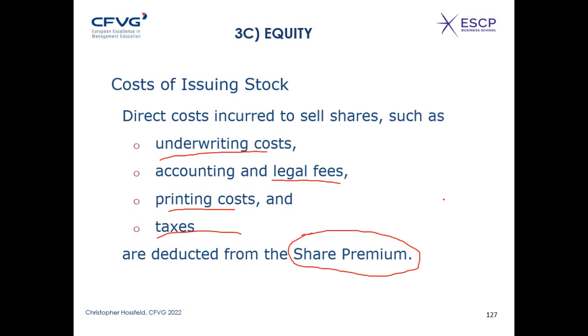That's the general rule: transactions on my own equity never impact my own income statement. In the same way, when I pay dividends on my equity, that is not an expense. It is money taken out immediately from my equity. Same thing here for the issuing cost. It is not an expense in the income statement. It is taken directly out of equity, out of the share premium.